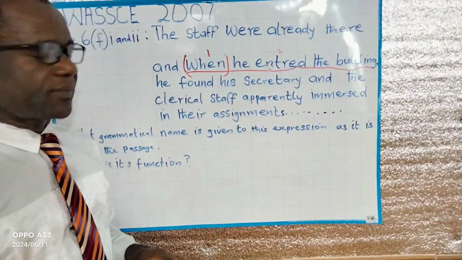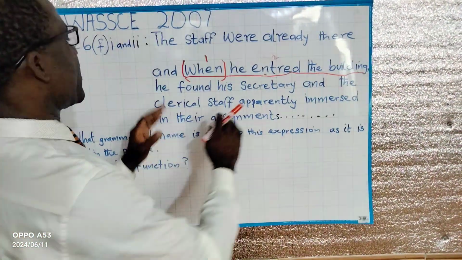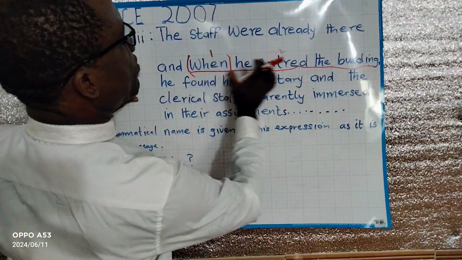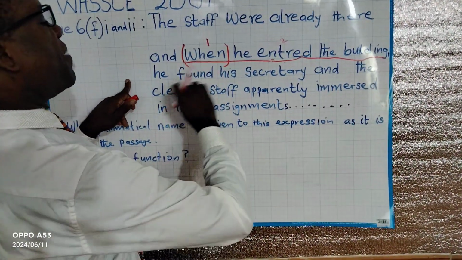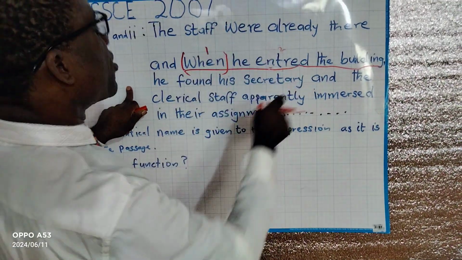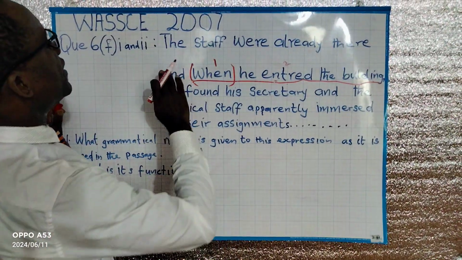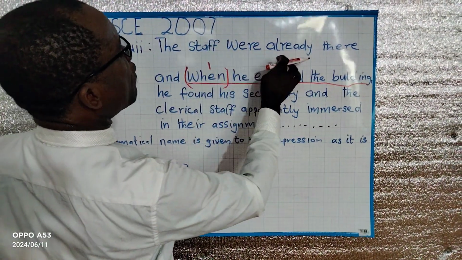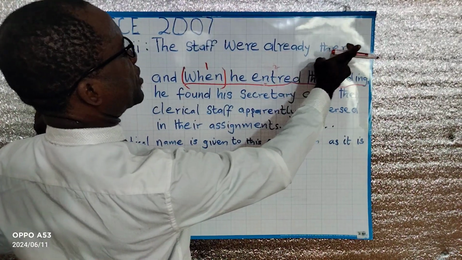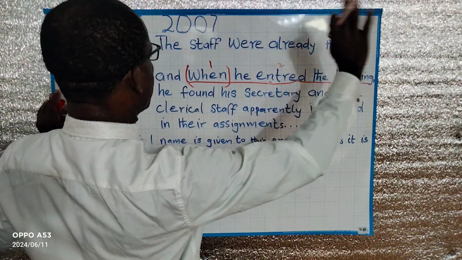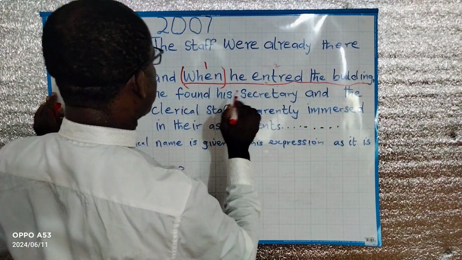Then, for test 3, we will now check if the underlined expression is pointing to another verbal element in the other part of the sentence. Now, let's be very careful here. The sentence starts with, the staff were already there. So this one is a complete clause. And when he entered the building, what happened?